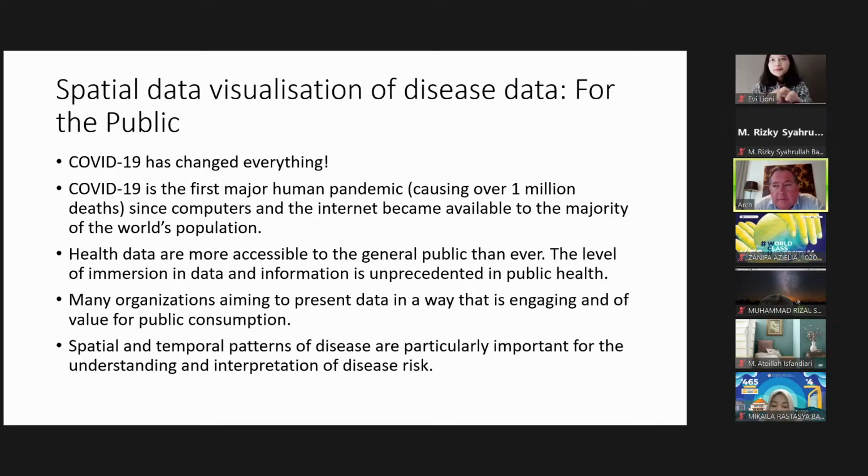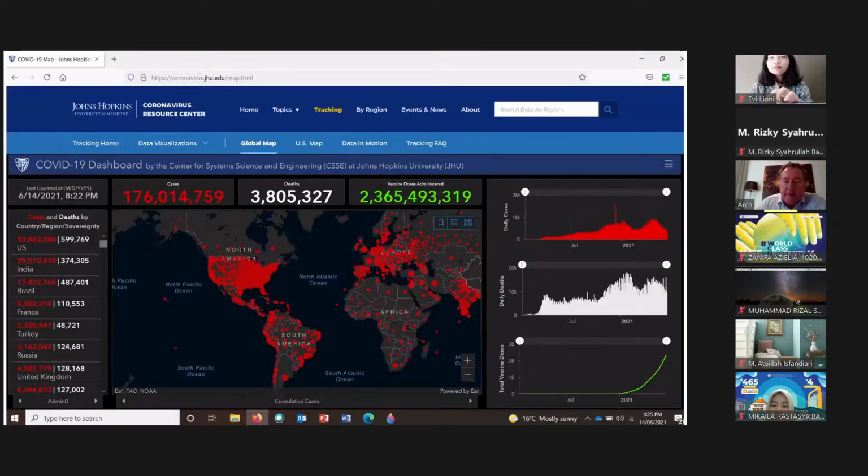So that creates a whole lot of responsibility for the creators of the data and the consumers of the data. So many organisations are aiming to present data in a way that is engaging and of value for public consumption. And of course, spatial and temporal patterns of disease are really important for understanding and interpreting disease risk, hence the use of maps.